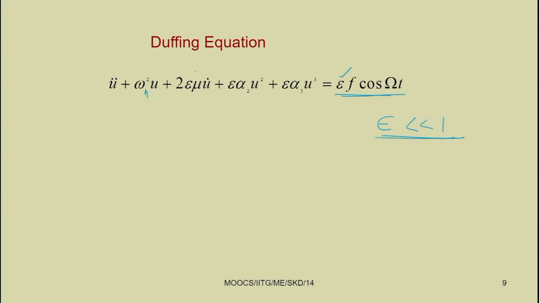So, the damping term is a weak term. These quadratic and cubic nonlinear terms are also weak. That is why we can use the method of multiple scales to obtain the response of the system. Also, you can directly use numerical techniques, for example, the Runge-Kutta method, to obtain the response of the system.